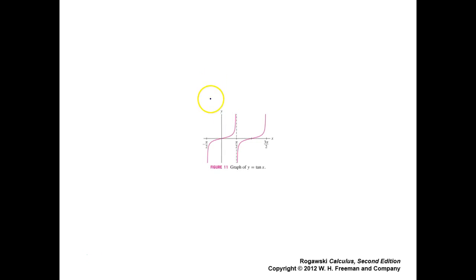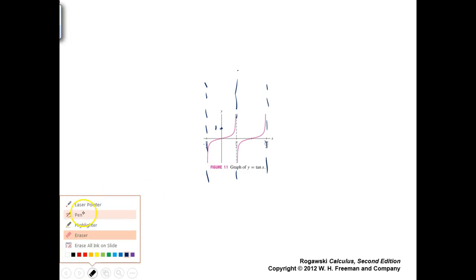The secant function has these same vertical asymptotes at the half pies. Here's the difference though. Let's just assume that is 1 and this is negative 1. Ooh, that's not very even, is it? Let's call that negative 1.